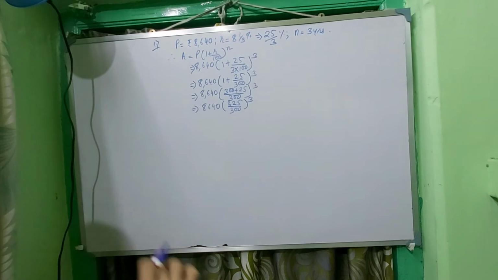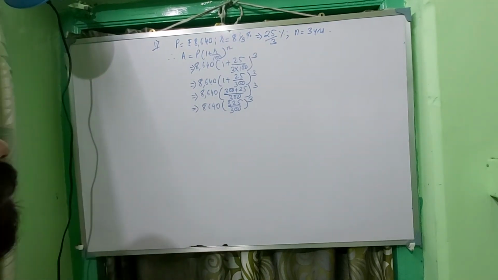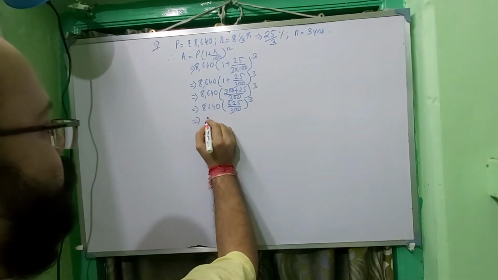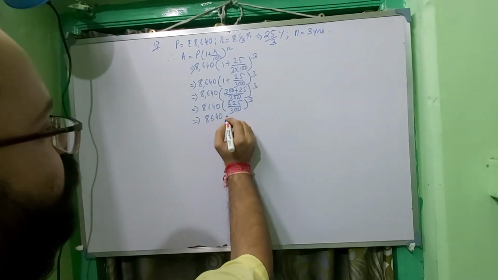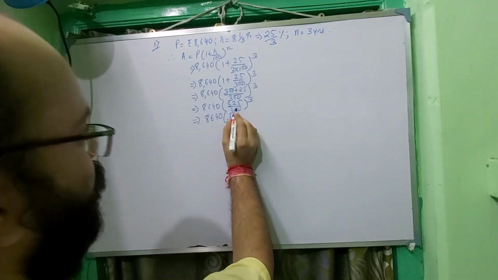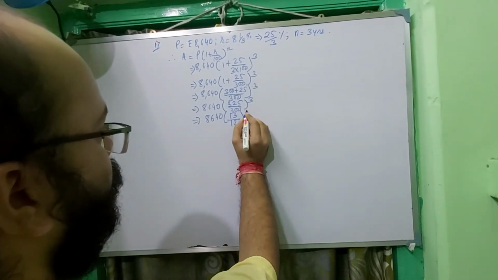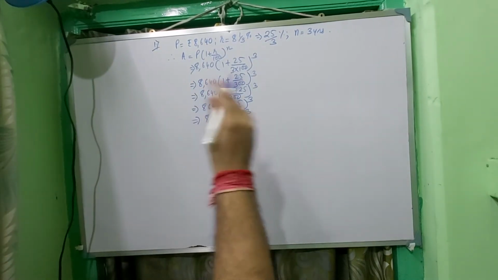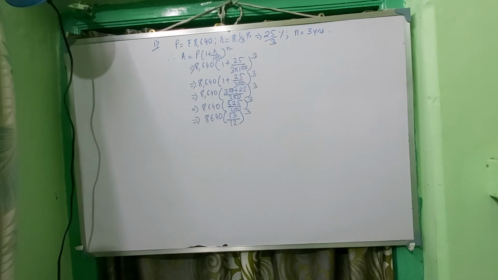If you divide both by 25, you will get 325 divided by 25 is 13, and 300 divided by 25 is 12. Means 13 cube and 12 cube. If you cube it, 13 into 13 into 13 you will get 2197, and 12 into 12 into 12 is 1728.